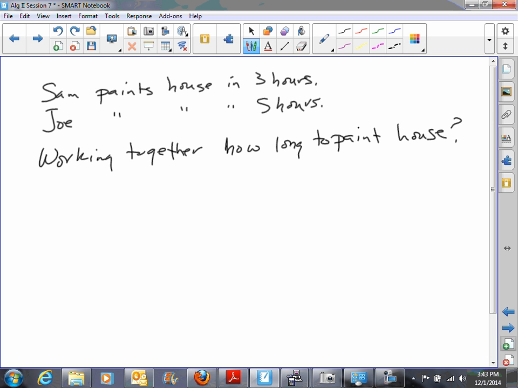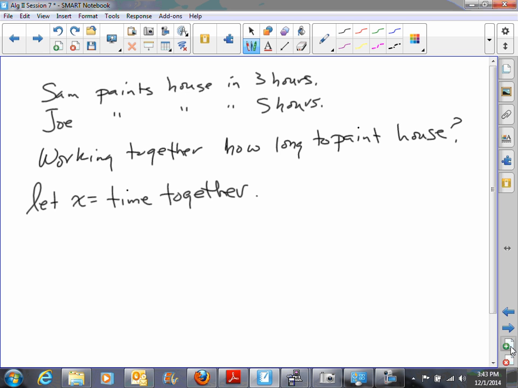So let's let x equal time together. Now, if you'll recall, this is still a rate problem. Rate times time is equal to distance. And if you'll recall, if Sam paints a house in 3 hours, his rate of painting the house is 1/3 of a house per hour.